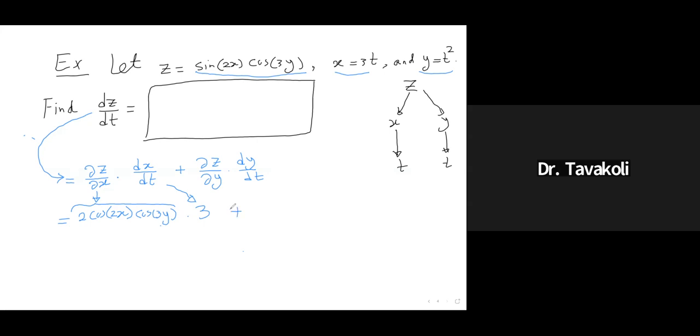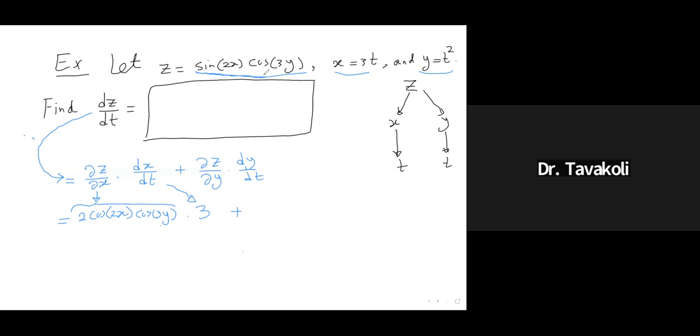Then plus the partial derivative of z with respect to y. Again, in the function z equals sine of 2x times cosine of 3y, I should look at x as a constant. So sine of 2x is a constant, and the derivative of cosine of 3y with respect to y, with the kind of chain rule that you learned in calculus 1, is minus 3 sine of 3y.